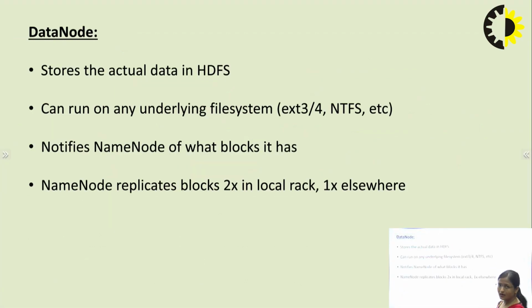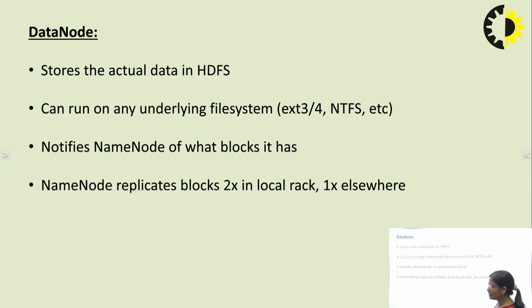Then second is the data node. The data node actually stores the actual data in HDFS. So all the data in HDFS is stored in data nodes, and it can run on any underlying file system. That means it may be ext3, ext4, NTFS, etc. And it notifies the name node of what blocks it has.